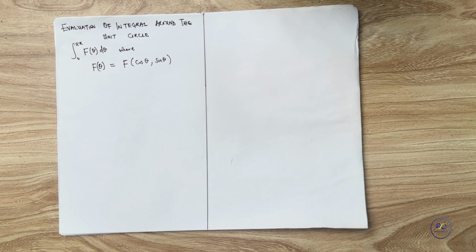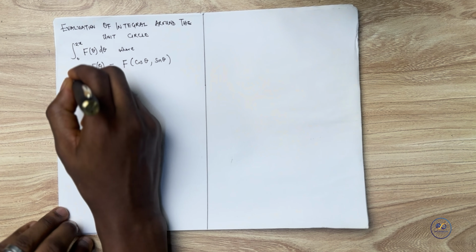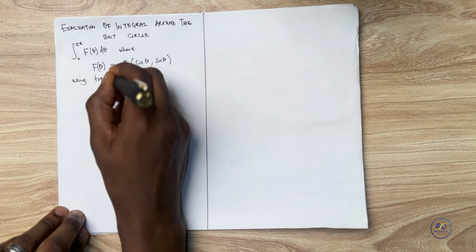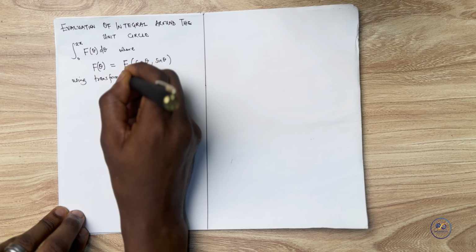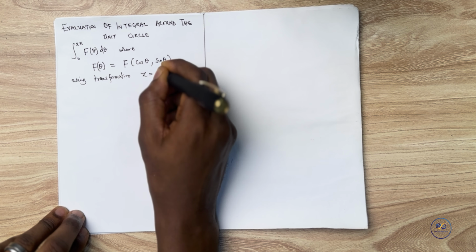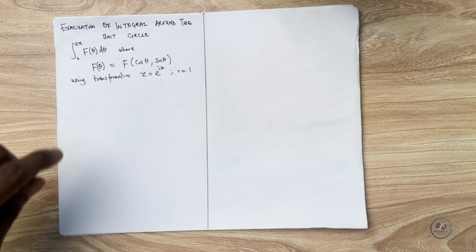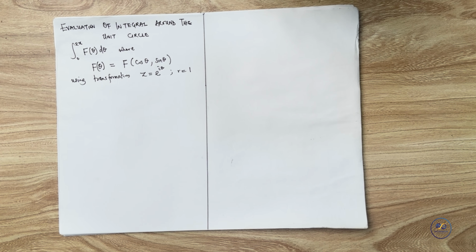So this evaluation will be done, and then the transformation is of the form z equals e raised to power i theta. Of course, r is equal to 1 because we are talking about a unit circle, which means it will have a unit radius.